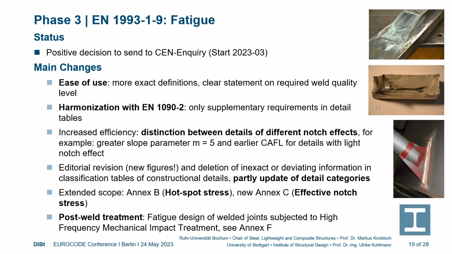We also have improved resistances for light notches, and we have extended the scope. For example, there is an Annex B, hotspot stress method, and a new Annex C for effective notch stresses. And this is, of course, again, including new content and trying to open the gate for new application.